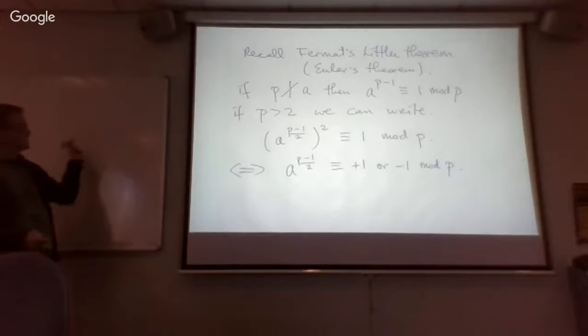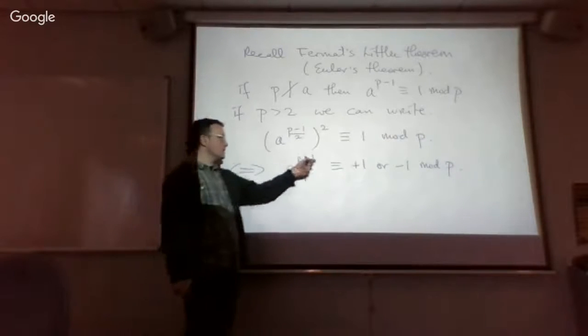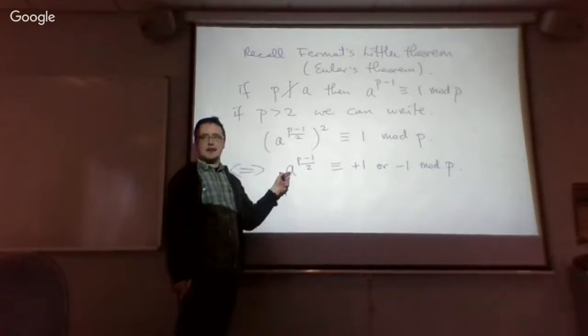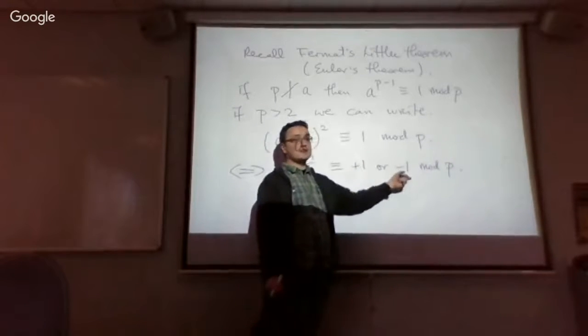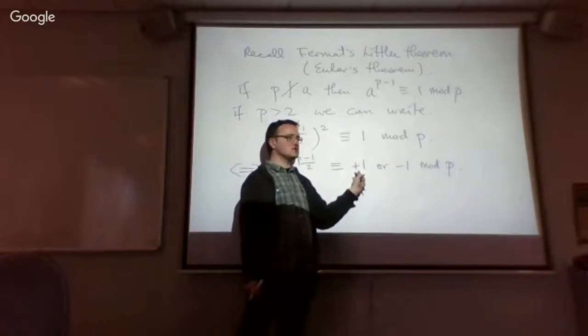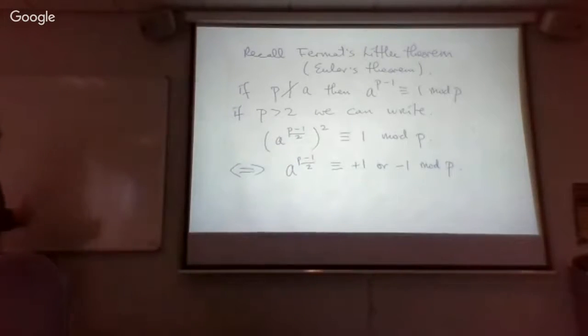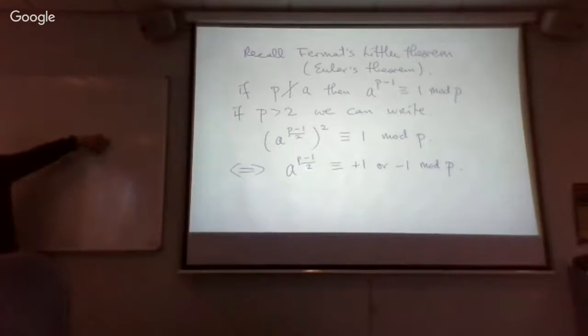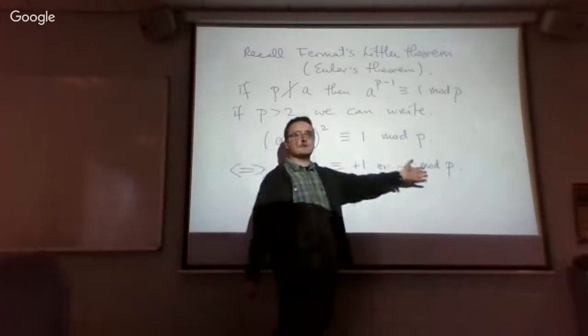We write this equals plus 1 if it is, and minus 1 if it isn't. Here we have a little expression, a to the power of p minus 1 over 2, and we know it's congruent to plus 1 or minus 1. So it's tempting to say maybe the value plus or minus 1 we get out of the Legendre symbol will be the same as the value we get out of this.